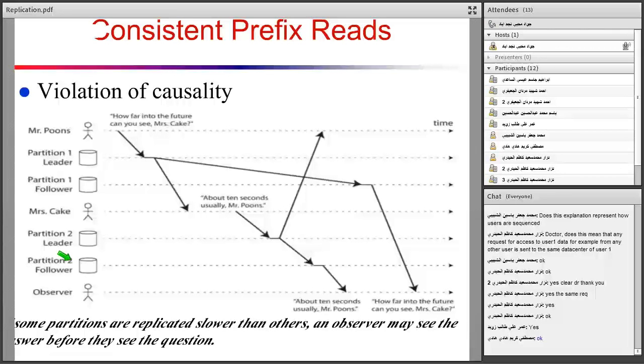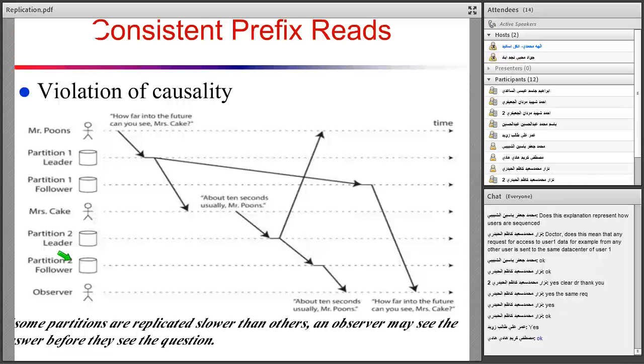They are going to use a social network application, and because of the heavy load, the data is separated between two machines, and partition one can be stored on this follower, and partition 2 can be stored in follower 2, the other follower.